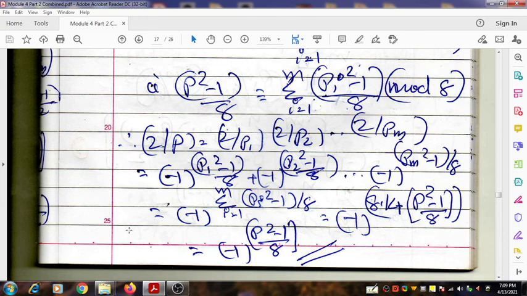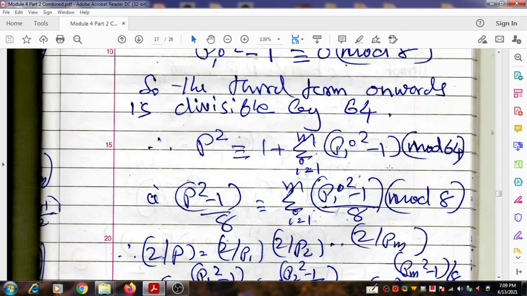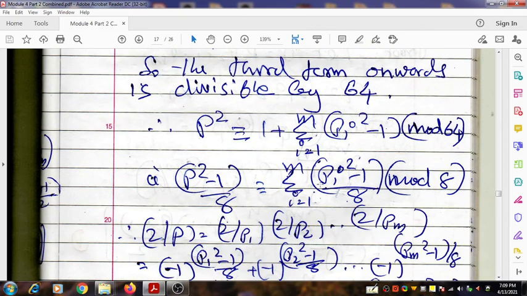Then you can combine that and write minus 1 raised to the summation from i equal to 1 to m of (p_i squared minus 1) divided by 8.